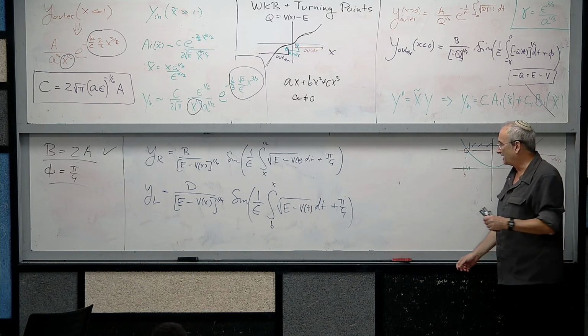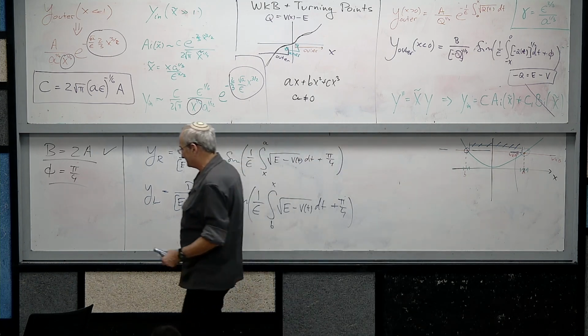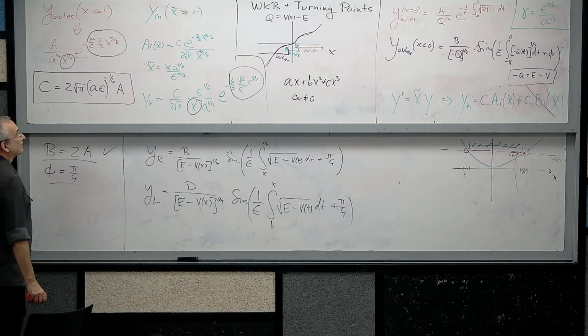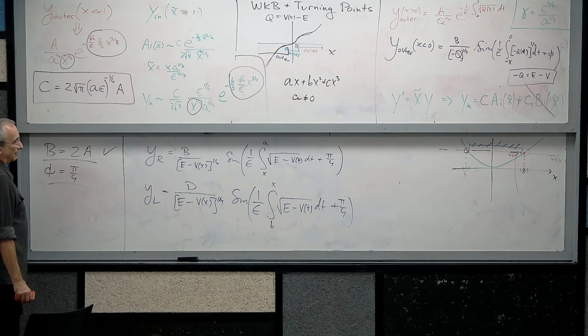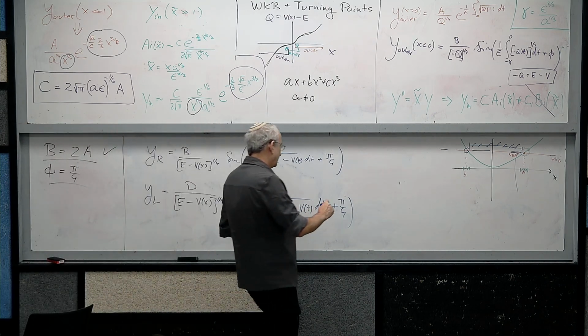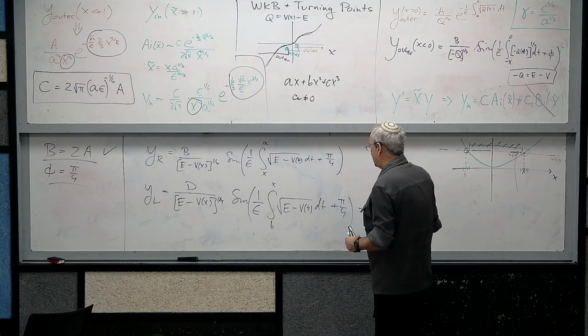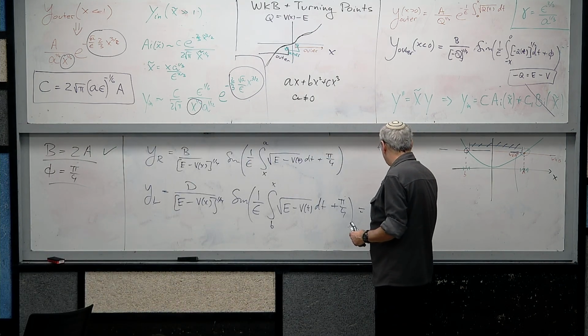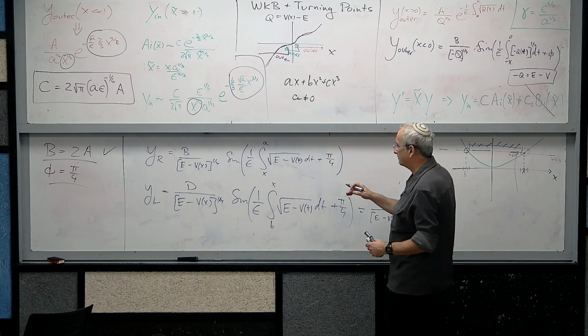Okay, so now here is the big trick. Here is the trick. I will continue from here. I would like to write this as d over e minus v of x to the power of 1/4, which is the same, so d.